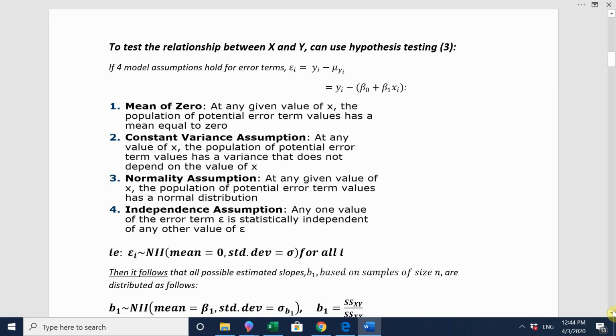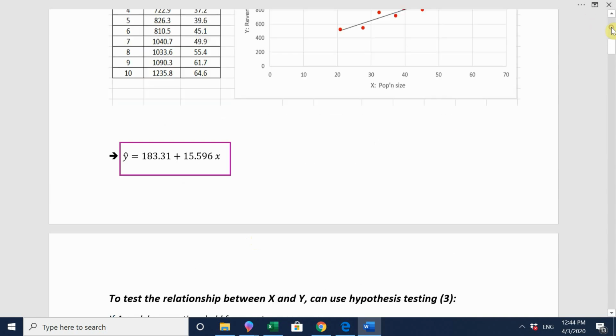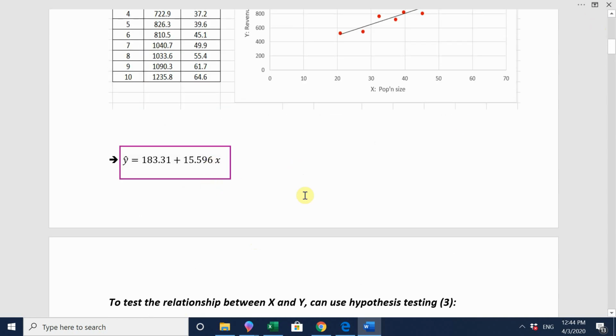If that is the case, then of course it is possible to generate samples of size n that will give me different slopes, right? So the sample of size 10 that I happen to have selected for my restaurants gave me a slope here of 15.596.